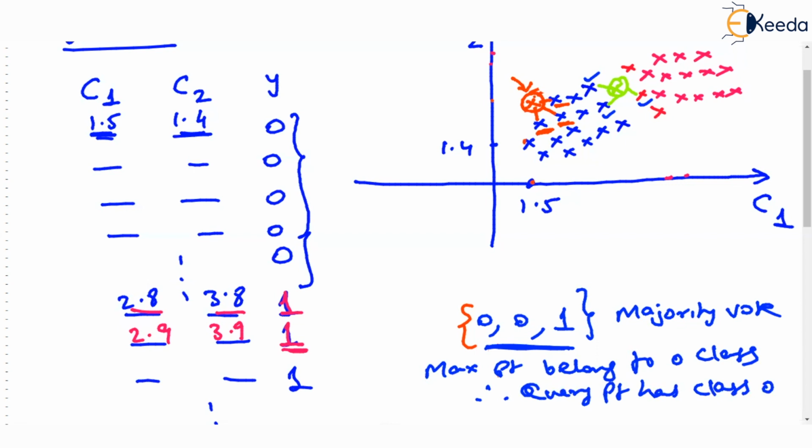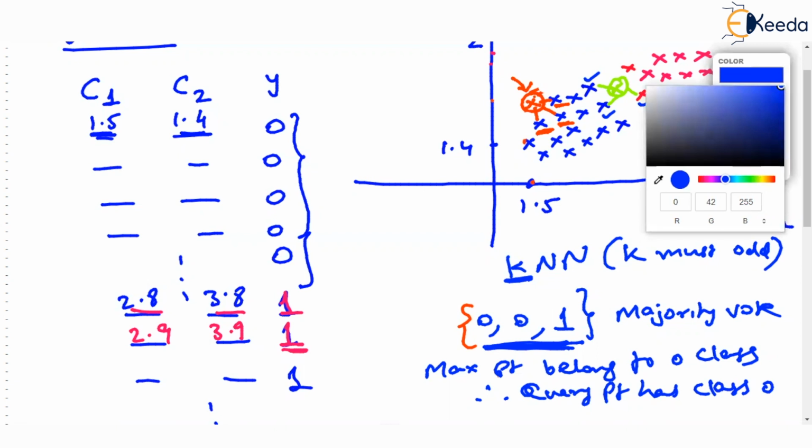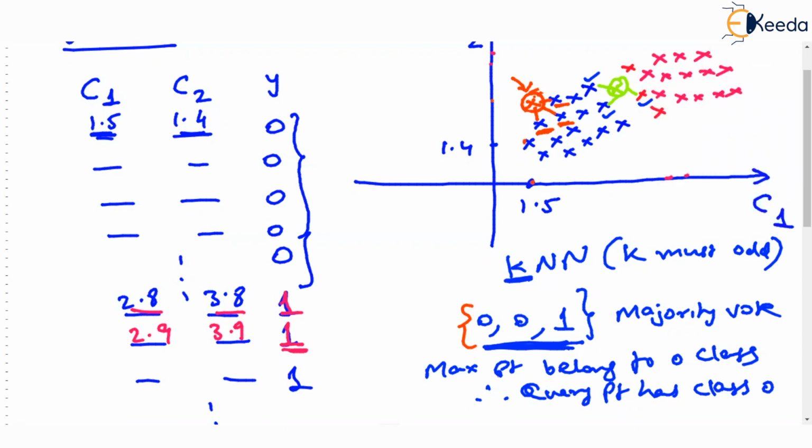I hope you have agreed that in k nearest neighbor, whatever k you take, here you took k as 3, k must be odd. So k must be 3 or 5 or 7 or 9 or 11. k cannot be 4, because if you had taken 4 nearest neighbors for this query point, the 4th neighbor would have been this, and then we would get 2 points of 0 class and 2 points of 1 class.